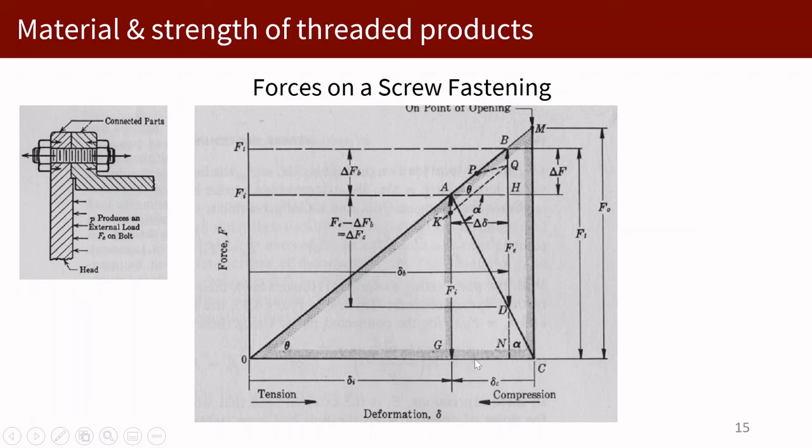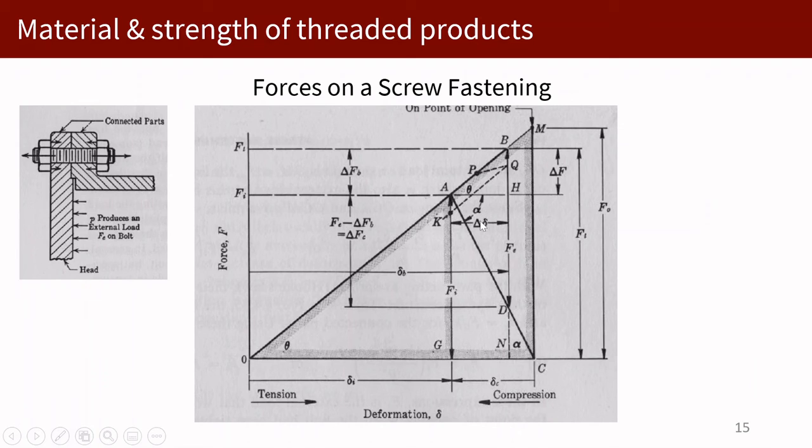So what happens is the total tensile deformation of the bolt when opening. For example, you stop at point B. When you stop at point B in loosening your nut, you have a total elongation of your bolt equal to delta I plus change in delta.